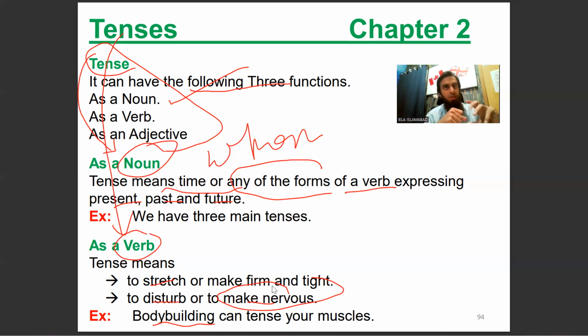You can tense it with the rope. So to stretch, like to tighten, right? Bodybuilding strengthens your muscles, it will be like stretch and tight, right? So it is used as a verb, as an action word.